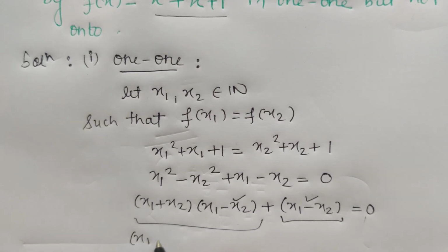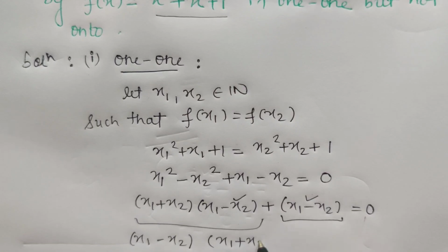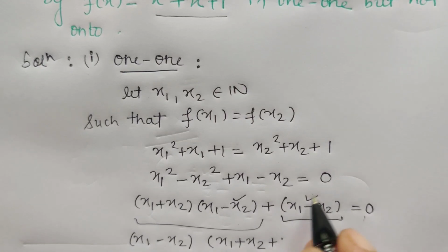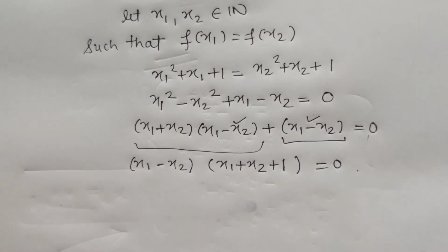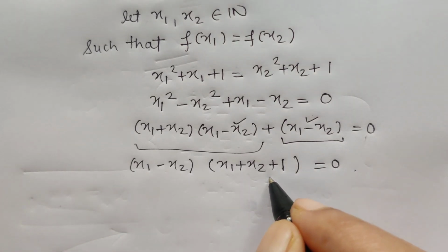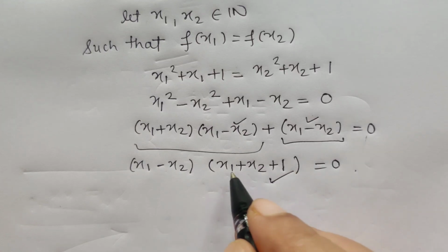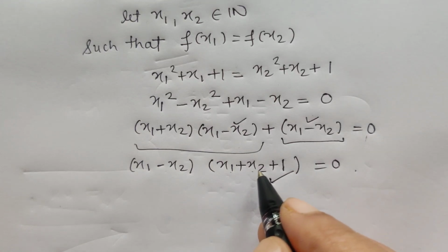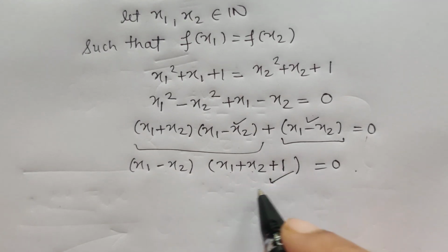So if I take out (x1 − x2) here, I am left with (x1 + x2 + 1) = 0, because we have taken this completely outside, 1 is left. Now from this equation what is clear is that this expression is not equal to 0, because x1, x2 have to be from the set of natural numbers and already plus 1 is there, so definitely this bracket will never be 0.